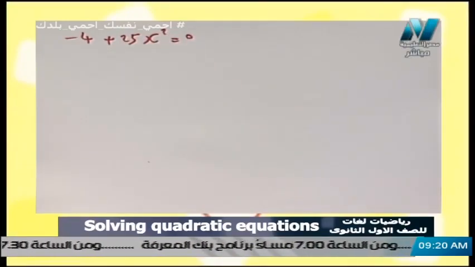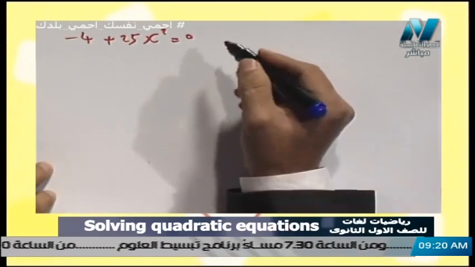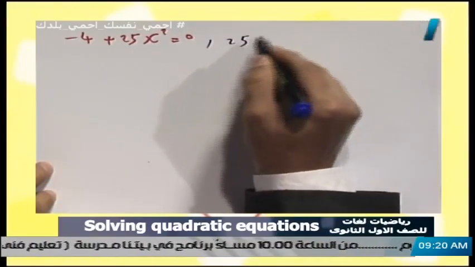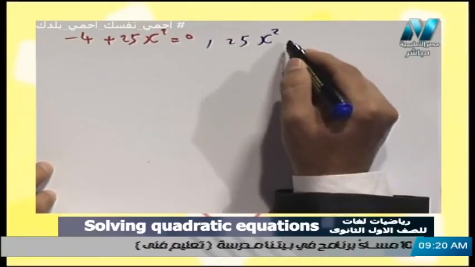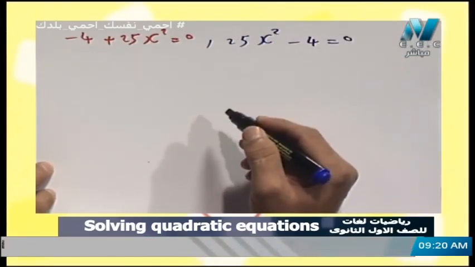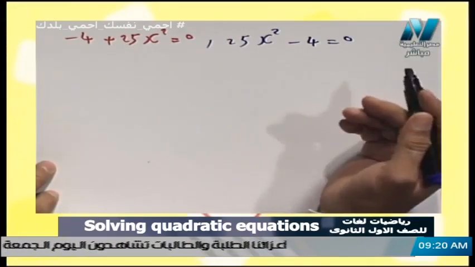Sorry. And rearrange it. By rearranging it, it will be 25x power 2 minus 4 equals 0. We try to find a, b, and c.